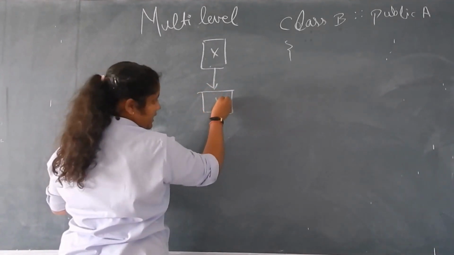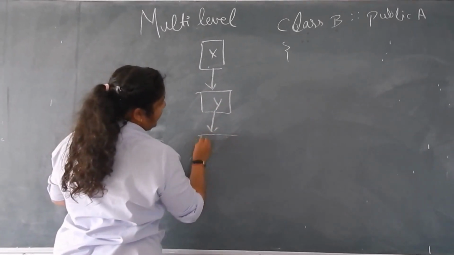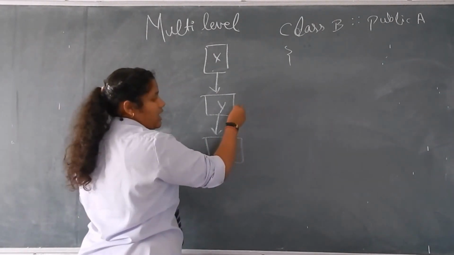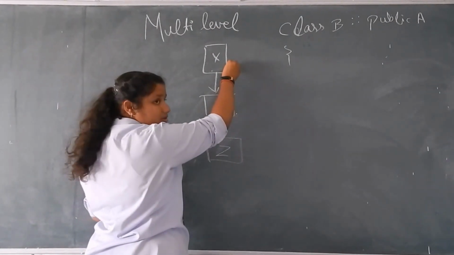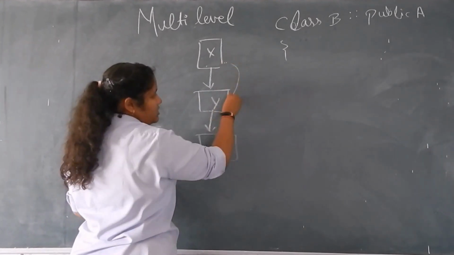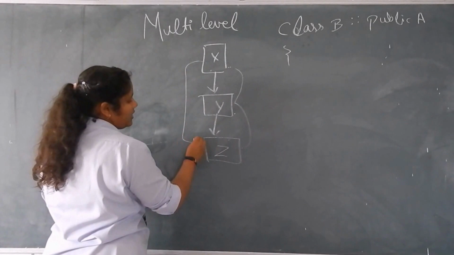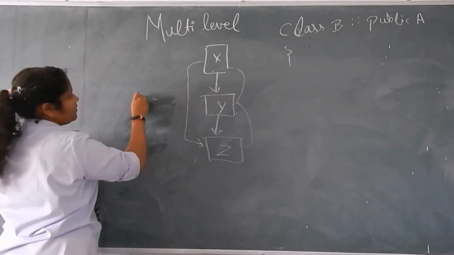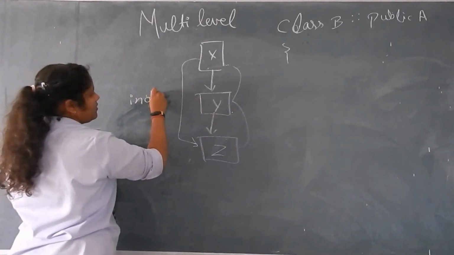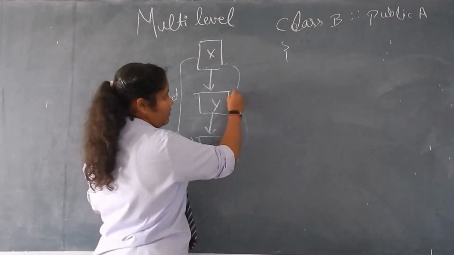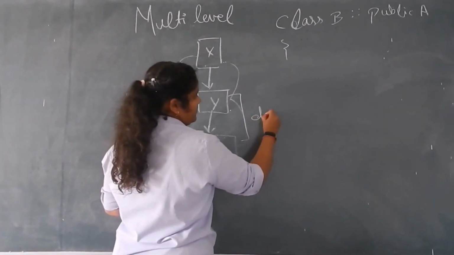This is the mediator class, and the final, the derived class. This class inherits this class's traits, and finally this class inherits both the classes' traits. So we have here an indirect relationship, and here we have a direct relationship.